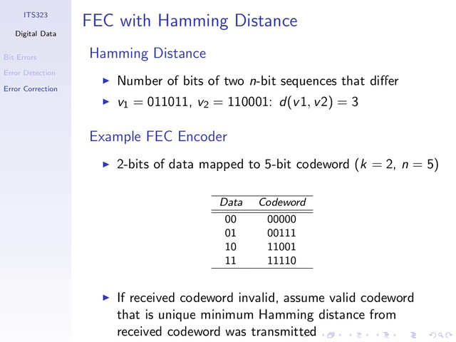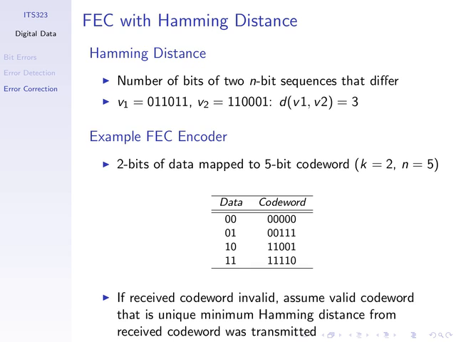So we look up in our table, data 01 maps to code word 00111. So to transmit this data, we don't actually send those 2 bits, we send these 5 bits. We send them across our link. The code word is transmitted across the link.